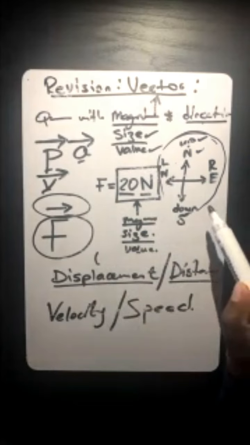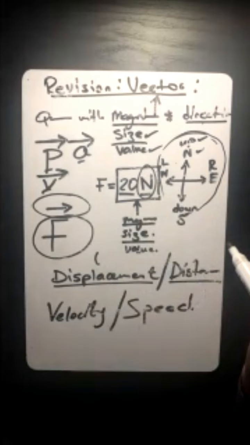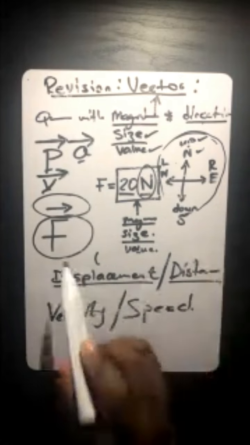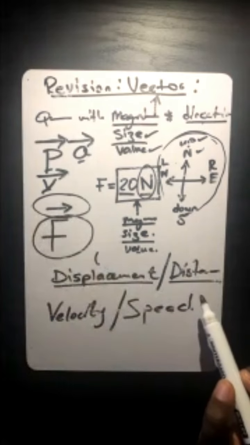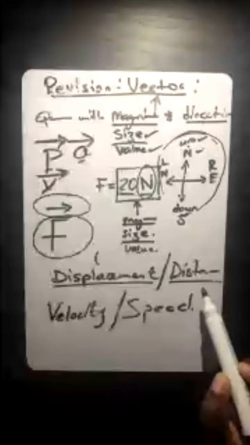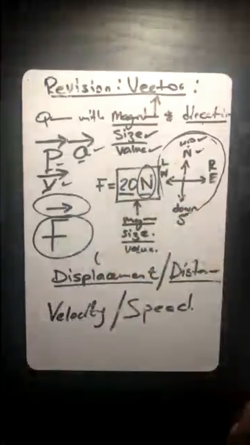The unit is very much important in physical sciences. Again, this is how we represent a vector quantity. We also discussed additional vector quantities: momentum, acceleration, velocity, etc.